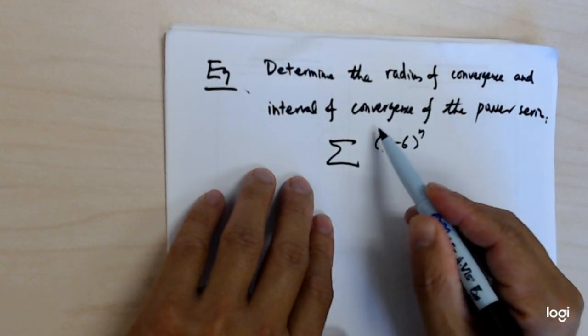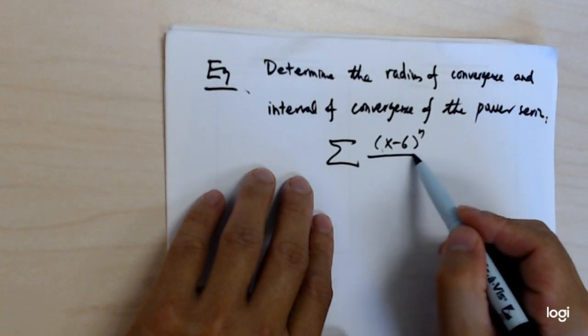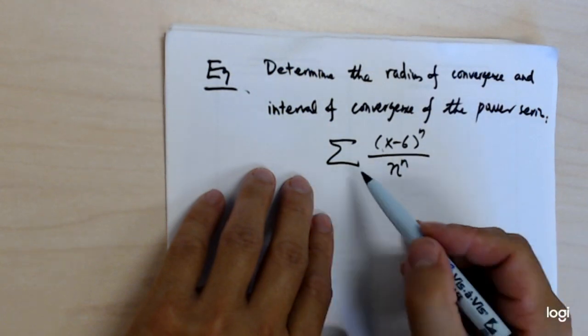Here you have a power function, and 6 is the so-called center over these coefficients.